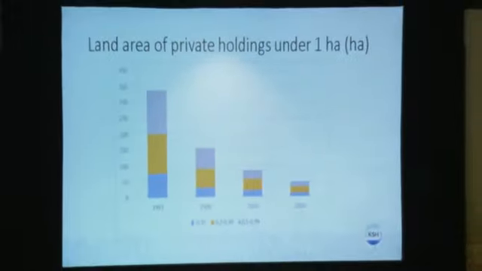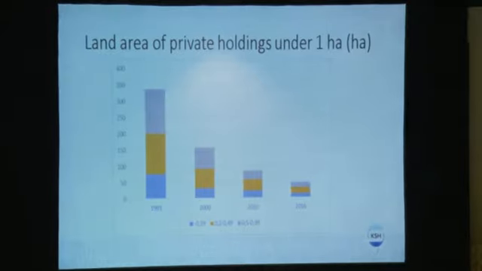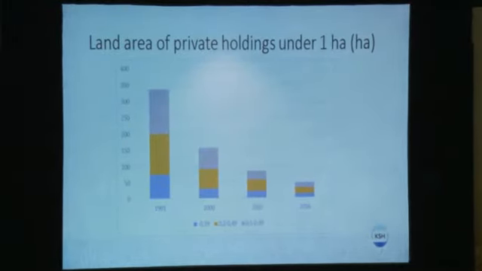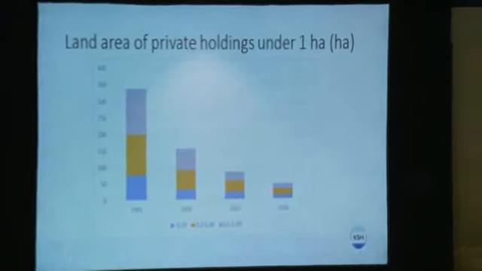So this is the land area altogether for the small scale holdings. And in the 25 years that you can see in the graph, there was a reduction of 85%. So now we have these small scale holders taking only less than 1% of the agricultural area in Hungary.